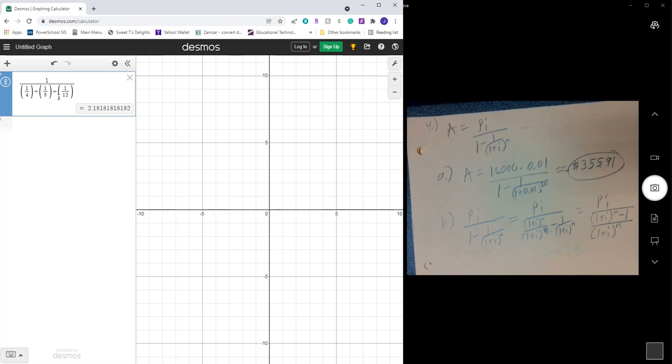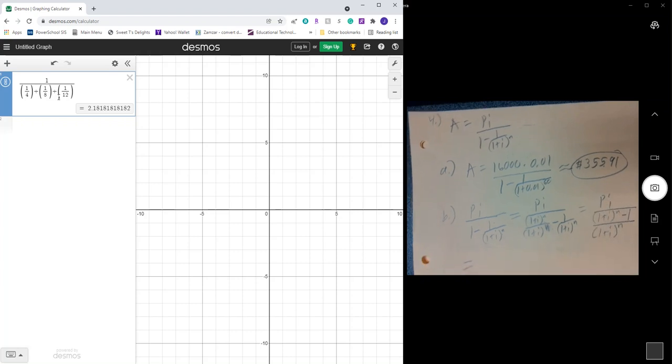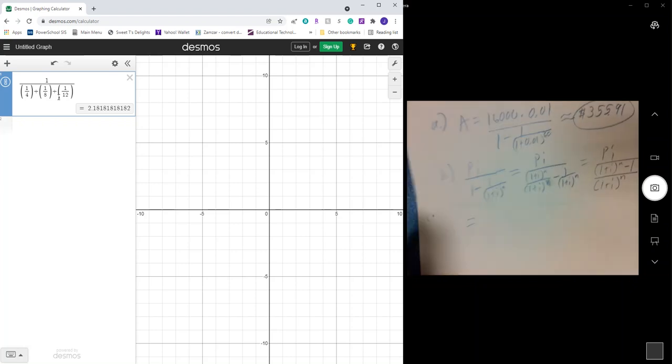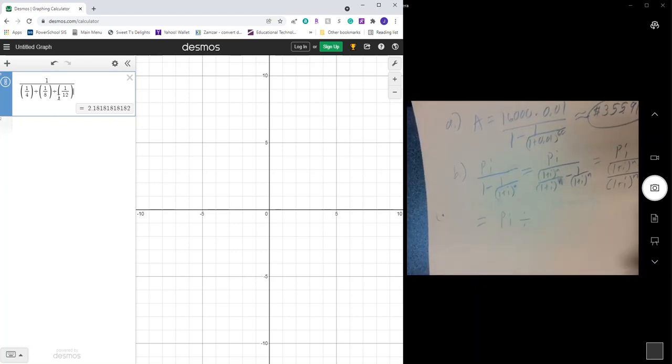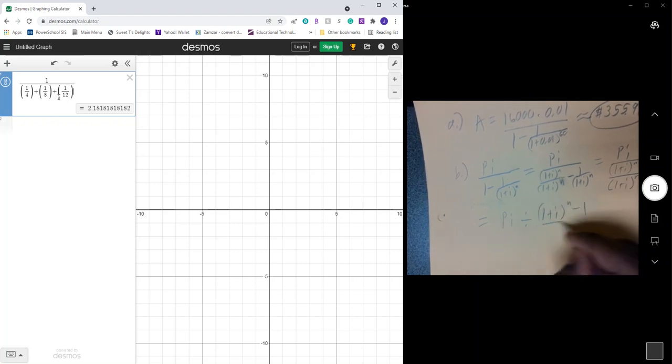Now, what we must do next, and I know you've learned this most likely in another one of your classes, but let me just do it the way we did it before. This is really Pi divided by 1 plus i to the n minus 1 over 1 plus i to the n.